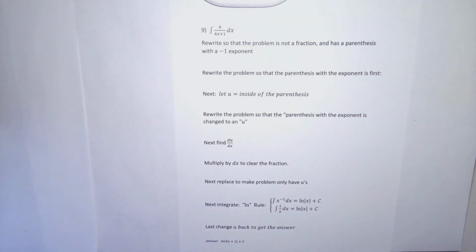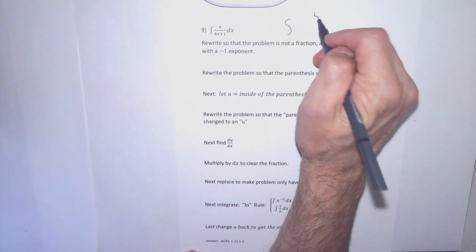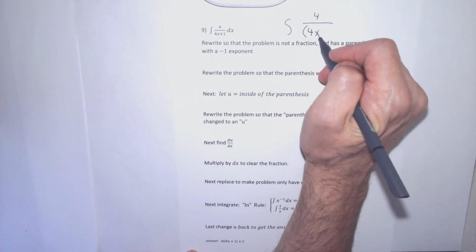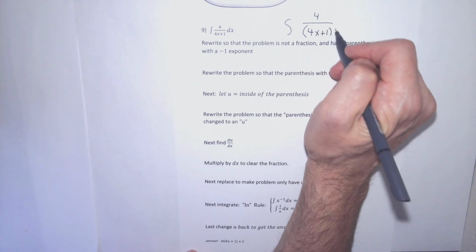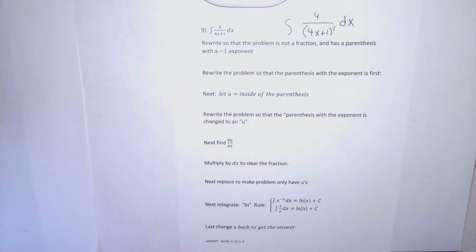9, it's a fraction, and it's not a monomial like the first 2 fractions that we had. So I need to rewrite this so that I can get it done with u substitution, and I need to think of the denominator as having a parentheses with an exponent of 1 in order to get this to work how I need it to work. So I'm going to rewrite the problem so that it's not a fraction but has a parentheses with an exponent of -1.